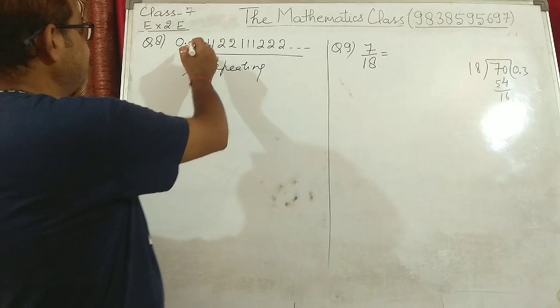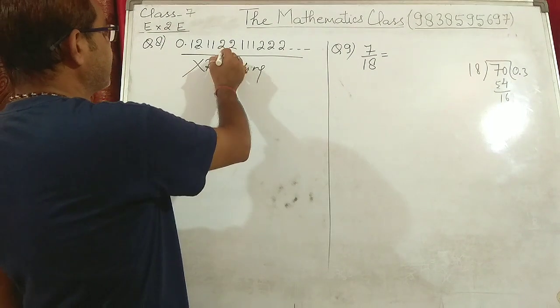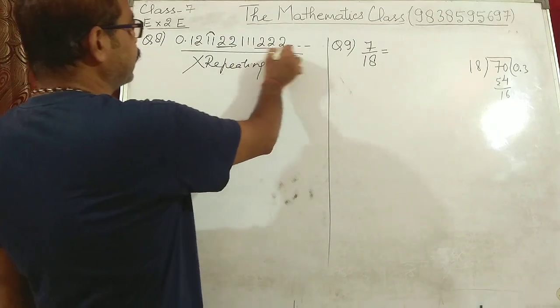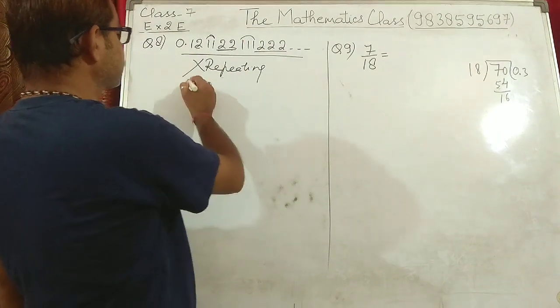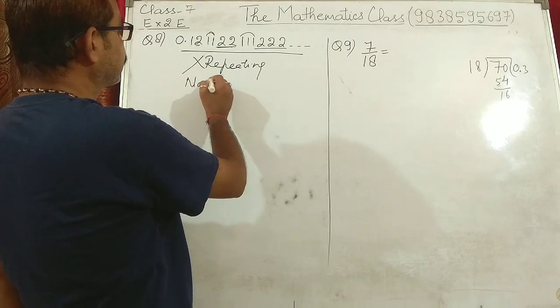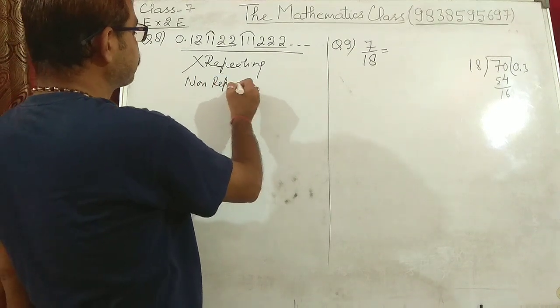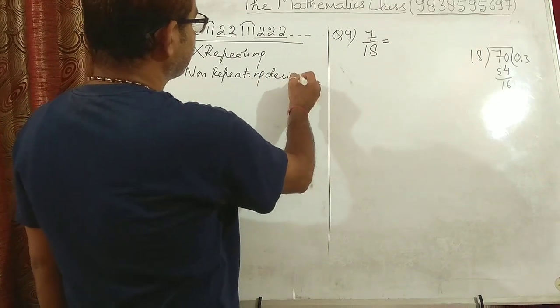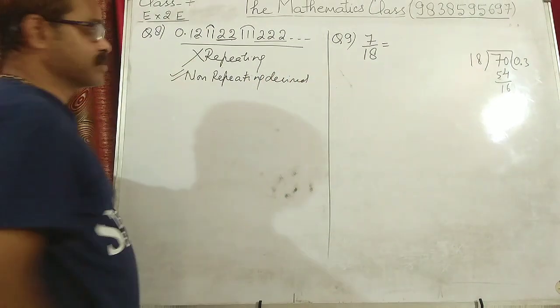In this you can see 2 is repeating after 1, it's okay. But again these two 2s are repeating after two 1s, these three 2s are repeating after these. So this is a non-repeating decimal. Now this is the right answer.